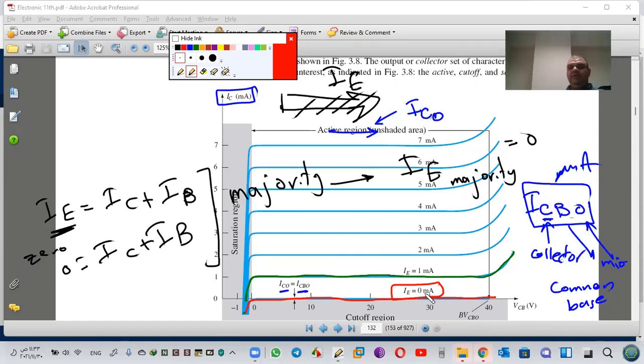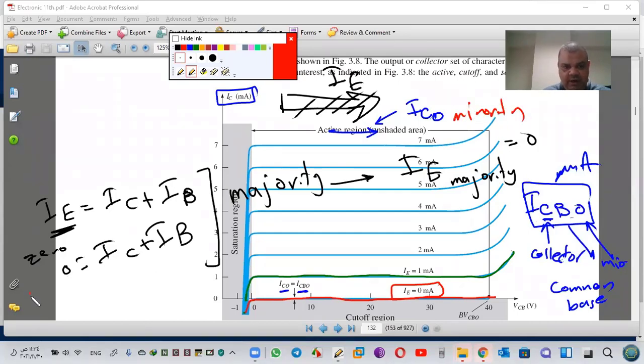Clear this point? So ICBO is the collector current when the input current is 0. For that reason, we cannot say there is no current in the collector. We have a small current. It is a current based on minority.